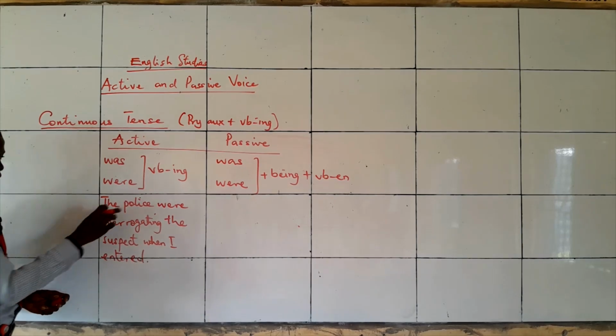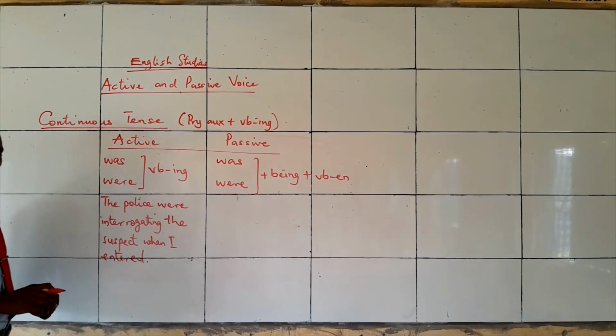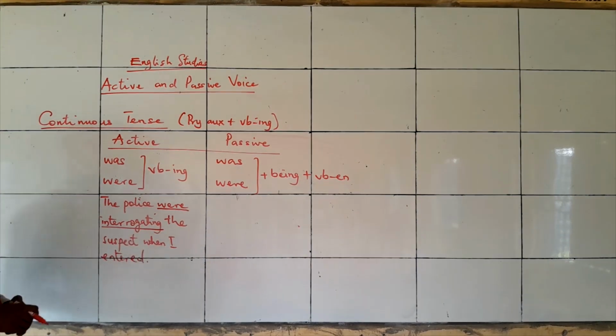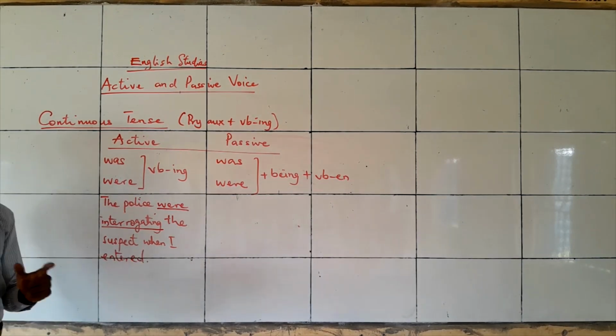The subject there will be the police. The final verb there that we need to work on will be were interrogating. Who was being interrogated? The suspect.